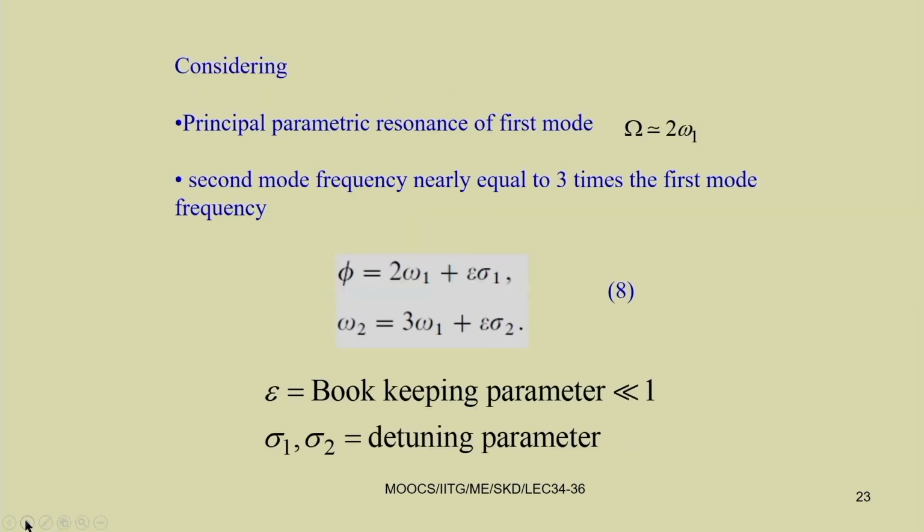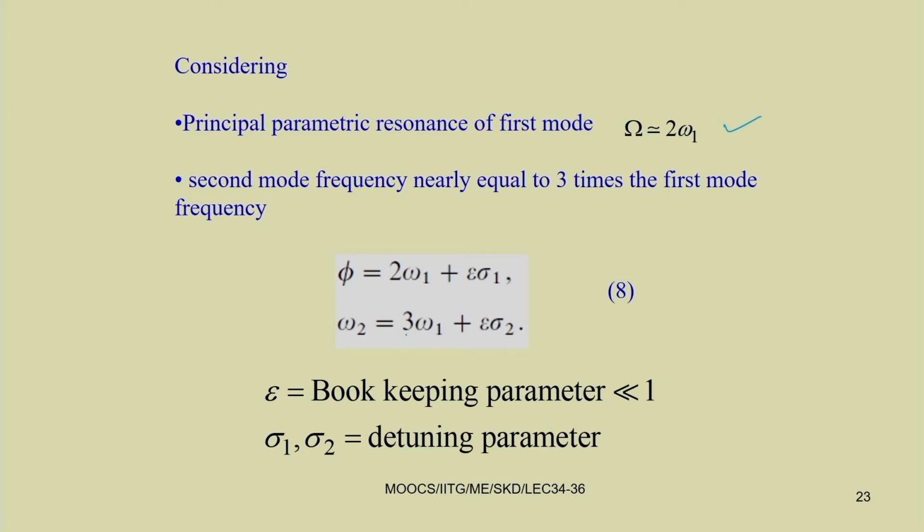In this case, I will show you different types of response by considering only the principal parametric resonance of the first mode, that is omega equal to 2 omega 1. If you take omega equal to 2 omega 1, then we can use the detuning parameter: phi equal to 2 omega 1 plus epsilon sigma 1, and omega 2 equal to 3 omega 1 plus epsilon sigma 2.